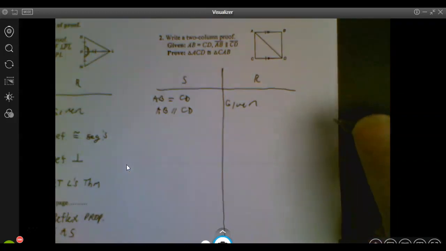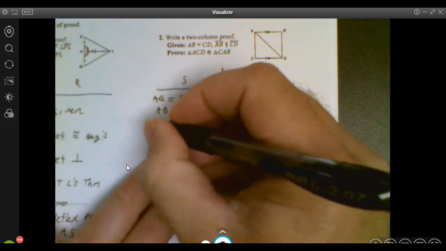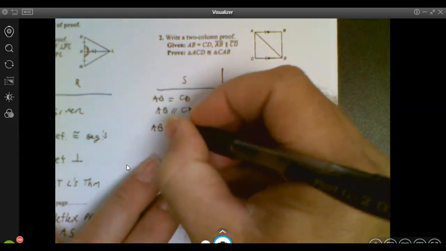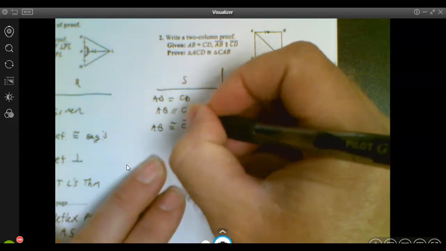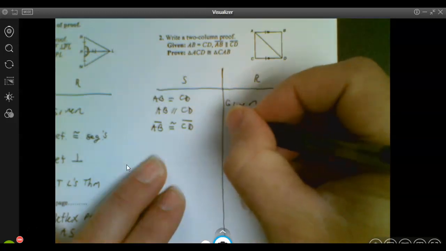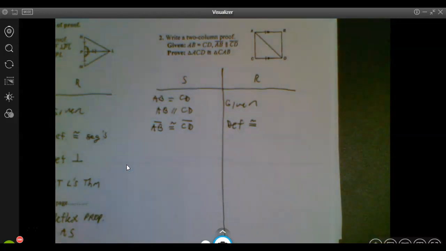All right, so let's move on to the next line. So guys, again, if they're going to say that AB is equal to CD, we really should take the step of saying that AB is congruent to CD, which is the definition of congruence. Or you could say definition of congruent segments if you want to extend that out, but again, you don't have to. So now I would mark it on my diagram.